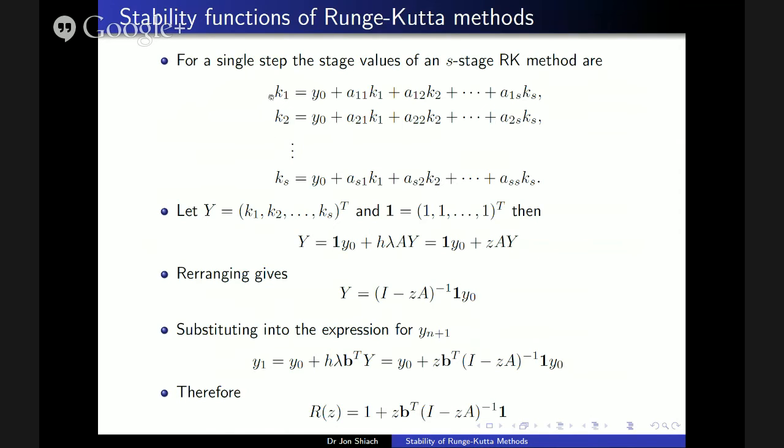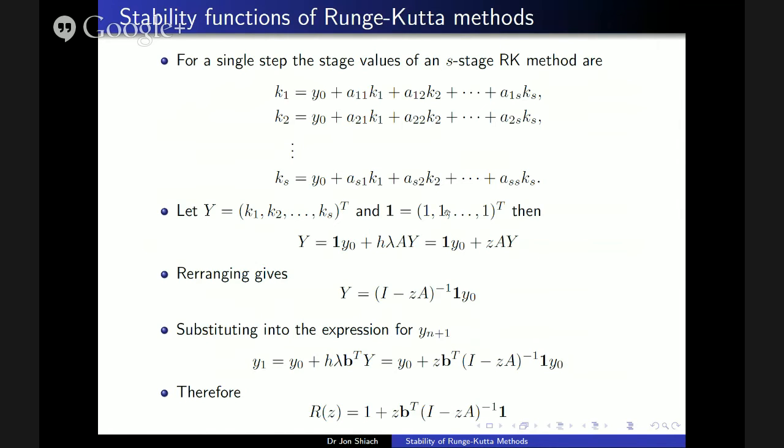I'm also, this is a bit of a fudge, going to define a vector which I've called 1. You notice it's in bold. This is a column vector of 1s. The reason we've done this is it makes the presentation so much simpler.